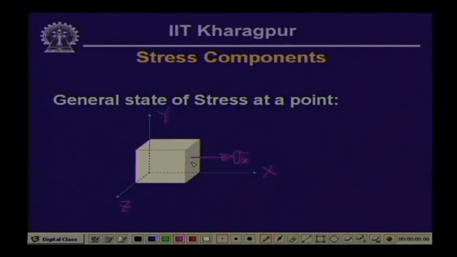On the x plane, the stress acting in the y direction is tau xy, and on the x plane, the stress acting in the z direction we designate as tau xz. Likewise, on this plane, we will have the stress acting in the y direction, the normal stress, which is sigma y.